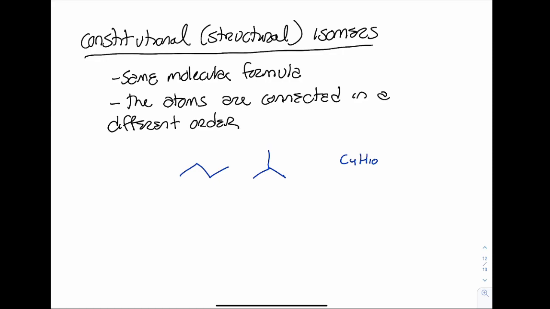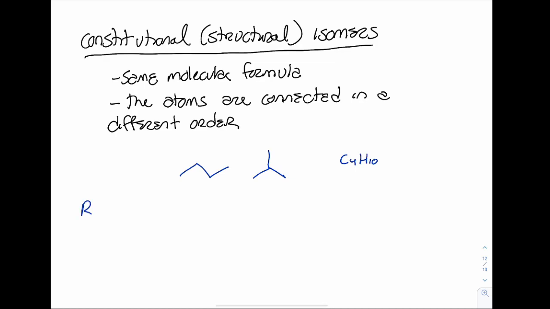So same molecular formula, but they're connected differently, right? In butane, I have a chain of 4 carbons. In my propane, I have a chain of 3 carbons, and then I have a methyl group on carbon 2. So the atoms are connected in a different order. So these would be structural or constitutional isomers. Again, there's a few other names. These are the two that I tend to use the most.